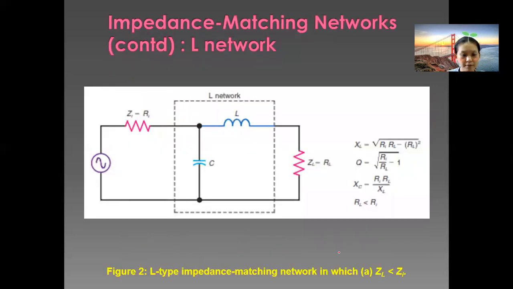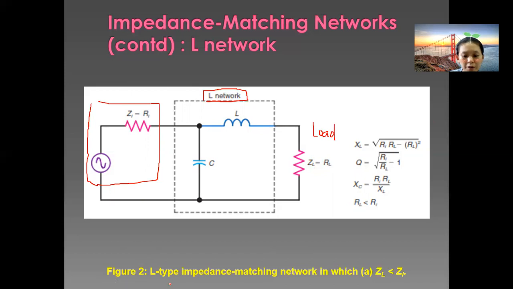So we can see here, this is our internal source impedance, so ZI equals RI. And here is our L network, formed by the L and the C, inductor and capacitor, then connected to our load, which has ZL.